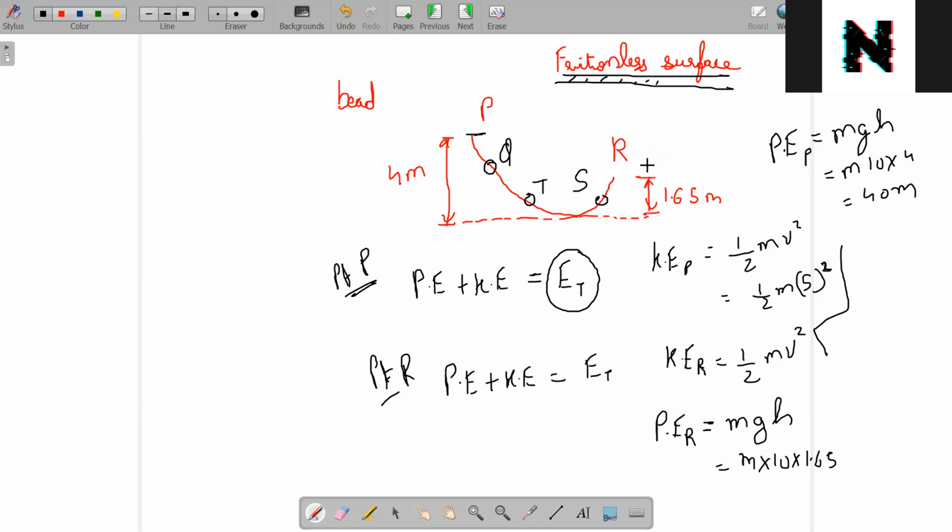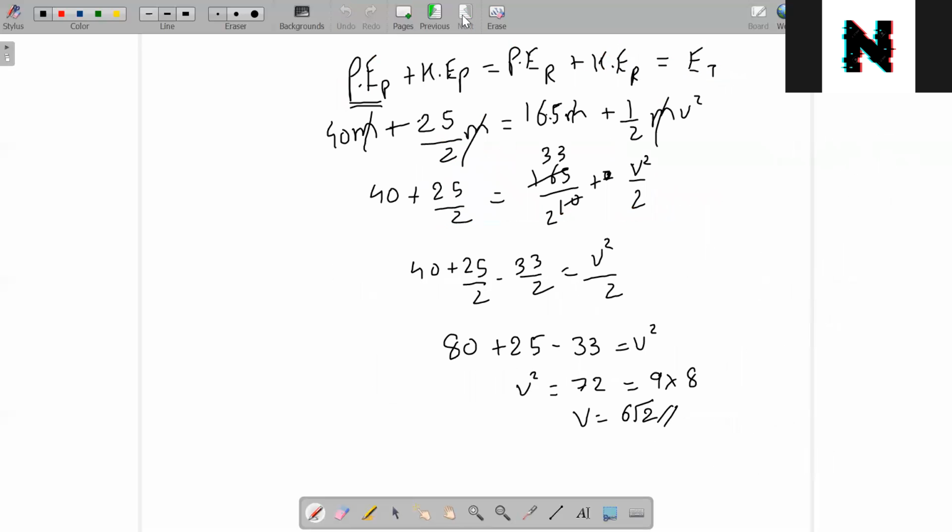It will get converted into potential or kinetic, but the total energy will always remain the same. That is an important thing that you need to understand. Good. I hope you have understood.